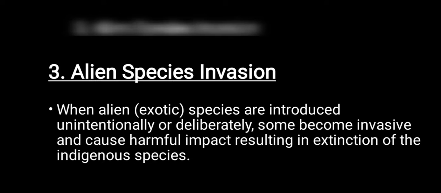These alien species, also called exotic species, are introduced unintentionally or deliberately, and some become so invasive and cause harmful impact, resulting in extinction of the indigenous species living in that habitat. So that species becomes extinct due to the invasive species which has been introduced either deliberately or unknowingly.